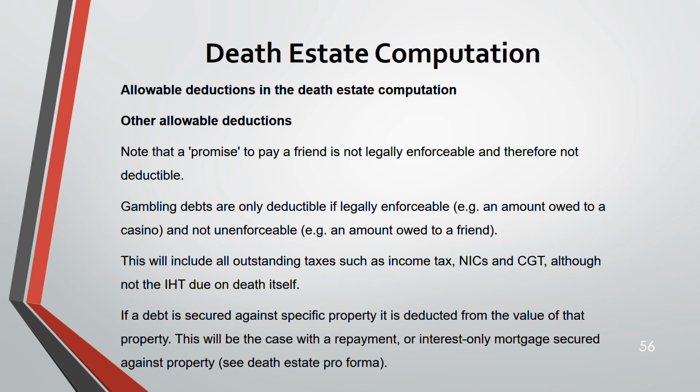If a debt is secured against a specific property, that debt you can deduct from the value of that property. Usually this will be the case with a repayment or interest only mortgage secured against property. This was the first thing we saw in that pro forma, right? From the property, we deduct the repayment or interest only mortgage. So again, go back and see the death estate pro forma.